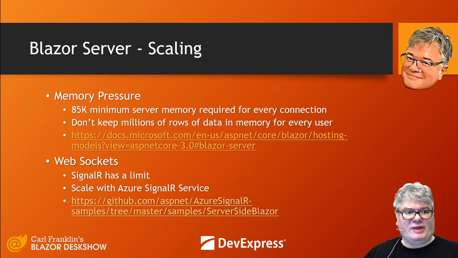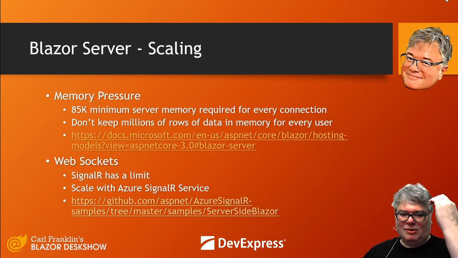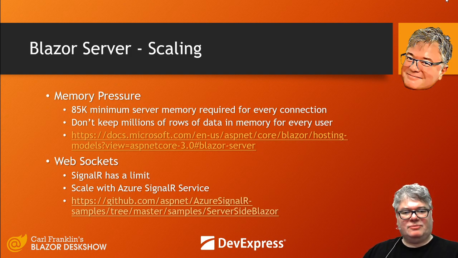If you go to that link, you will see an article that shows you how to completely remove the SignalR portion of Blazor Server and put it into an Azure service, which scales indefinitely depending on how much money you have. Okay?